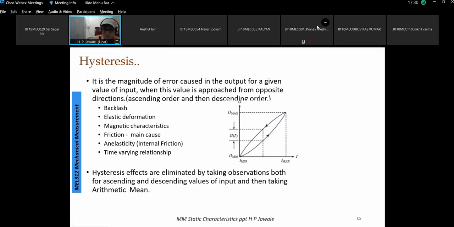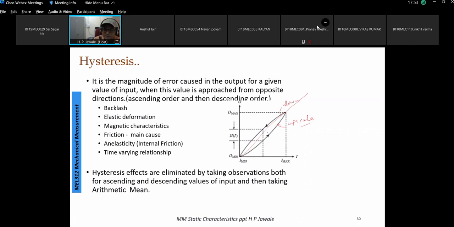There is deviation. For example, this is the upscale reading and this is the downscale reading. While showing the ideal expression, suppose it's a straight line somewhere like this, the ideal line or ideal instrument characteristics. But in the upscale reading, we find that it shows some deviation.